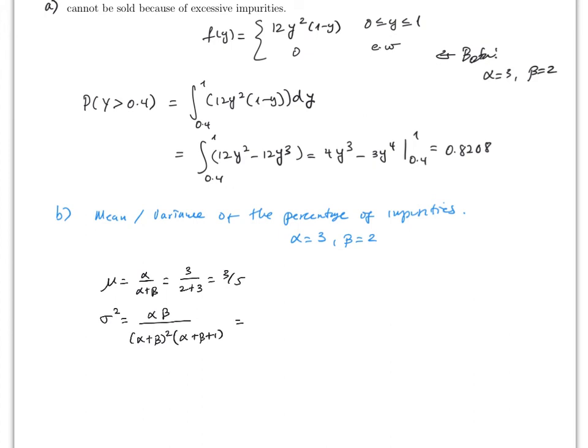So in our case, this will be 3 times 2, divided by 3 plus 2 squared times 3 plus 2 plus 1. This gives you 6, and then 3 plus 2 is 5 squared, and then 3 plus 2 is 5, plus 1 is 6. So this will cancel, so it will be 1 over 25.